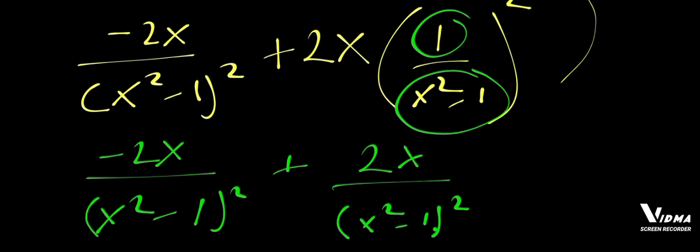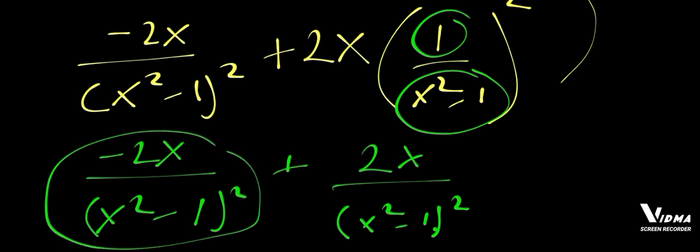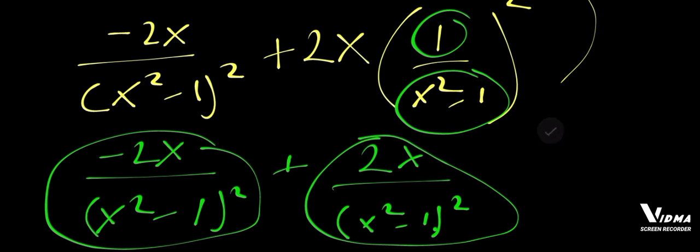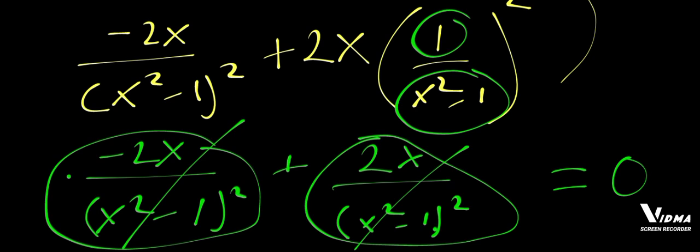So we can definitely see that this side is similar to this side, just that one is negative and one is positive. So this cancels this, and we can now see that it evaluates to 0.